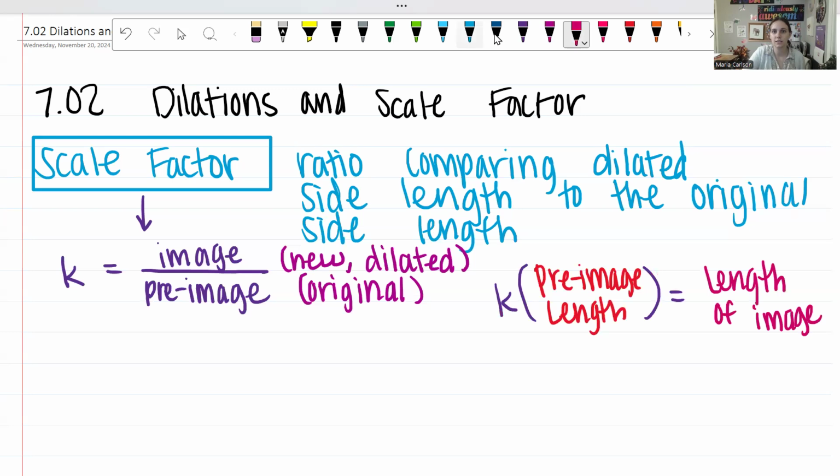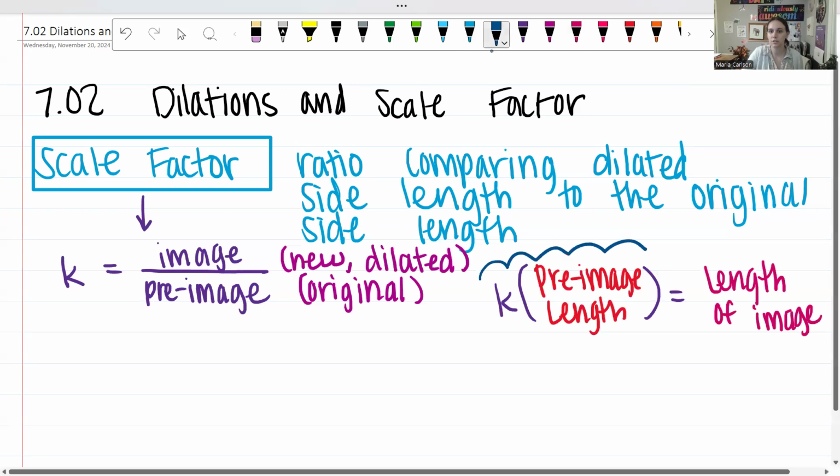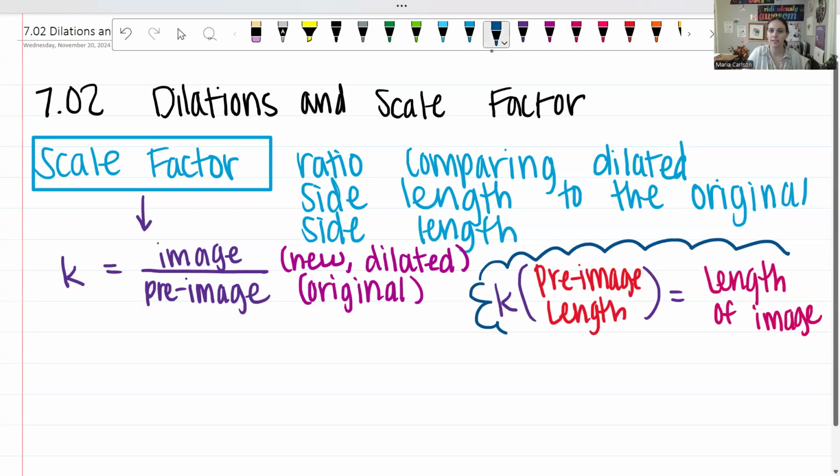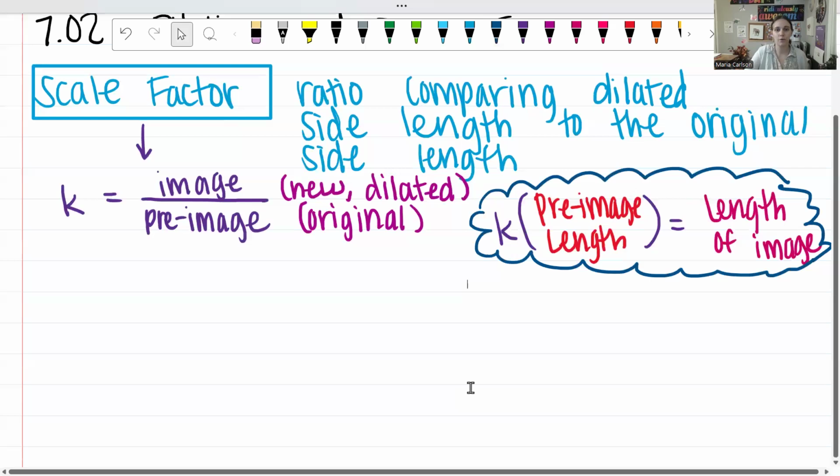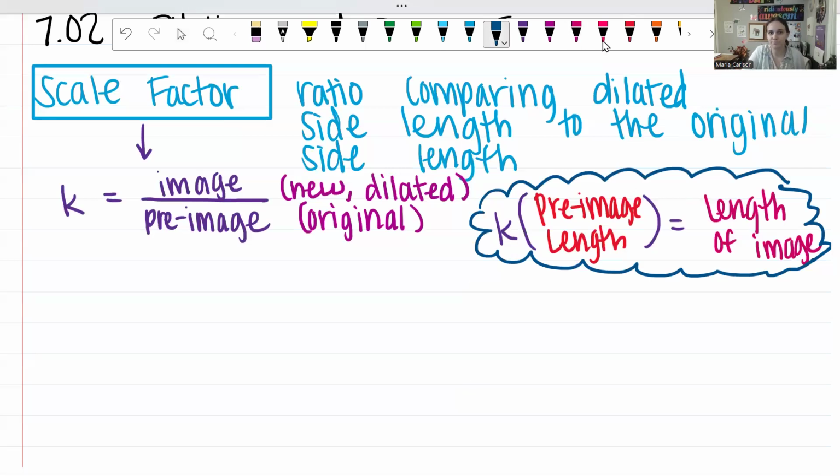So you will take your pre-image length and multiply it by whatever that scale factor is to get the length in your new shape. Now, some important rules here.